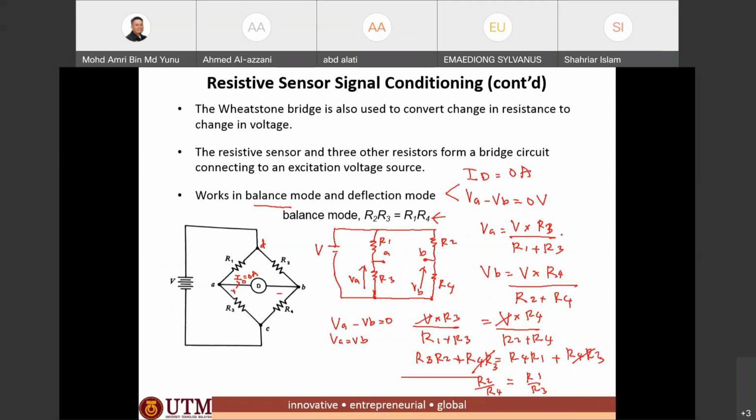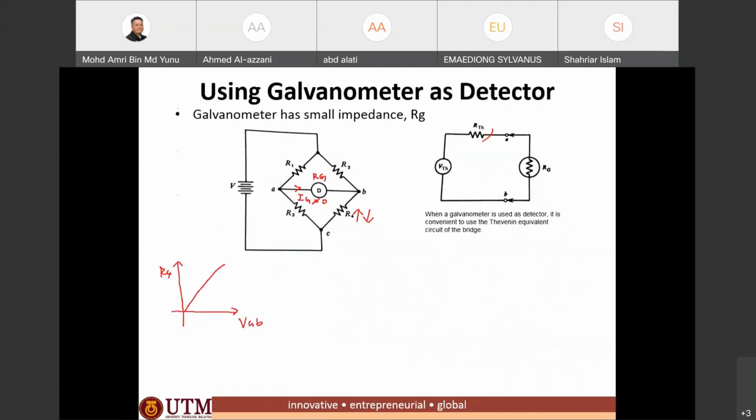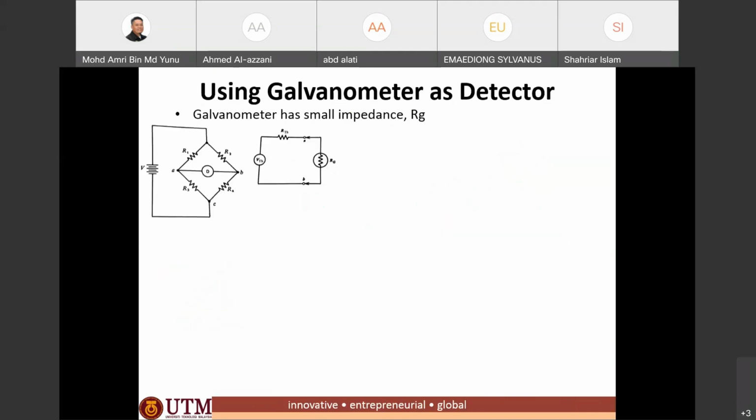This is only true when the circuit is balanced, or the current between A and B is equivalent to 0. So to find the output VAB, we need to apply the Thevenin circuit analysis. Let's see an example. Let me figure out an example.